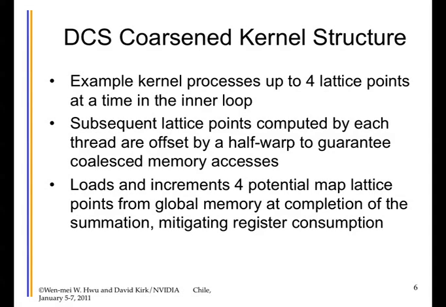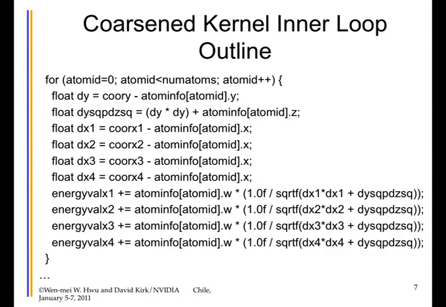That is, essentially, you will be accumulating into 4 registers the effect of all the inputs. And then at the end of the computation, you will load the original lattice point value and then add the total into that lattice point value. And this reduces the register pressure. It's one of those details, but it's better for you to hear about it than discovering this yourself.